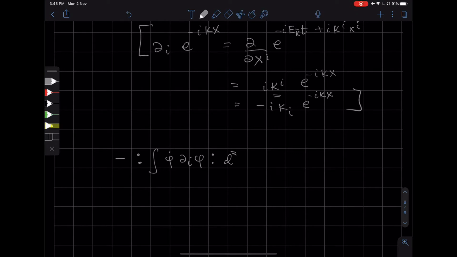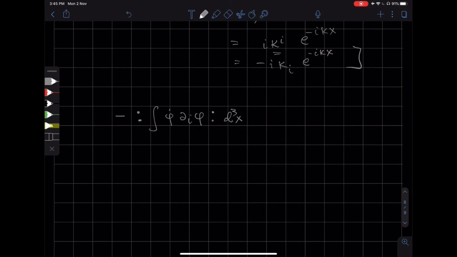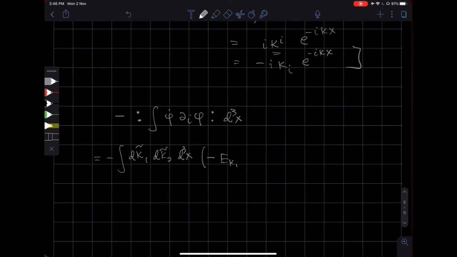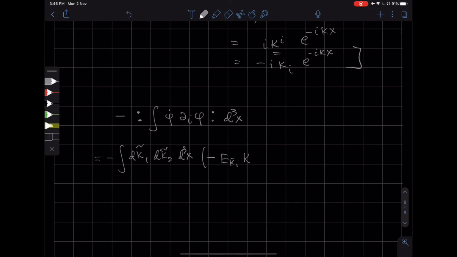We integrate this over all space, and so we get three integrals: an integral over k1, an integral over k2, an integral over all of space, and then we have minus E of k1, k_i of k2, and then inside the bracket, we get four terms.